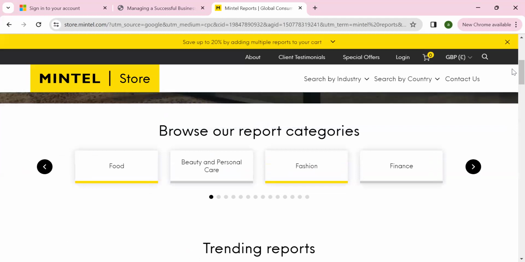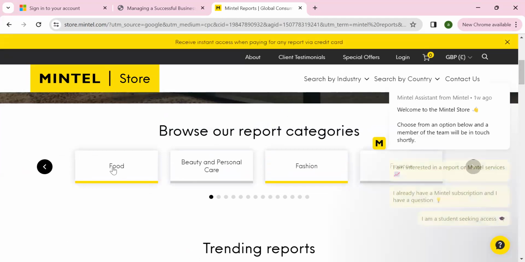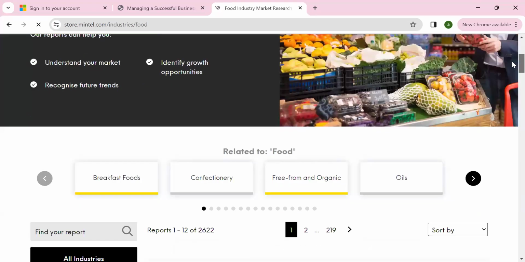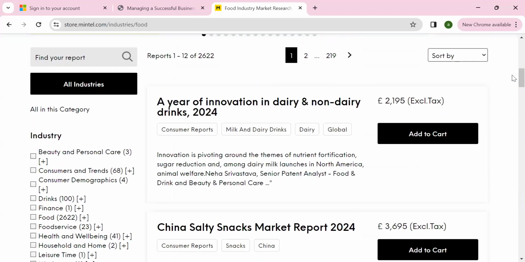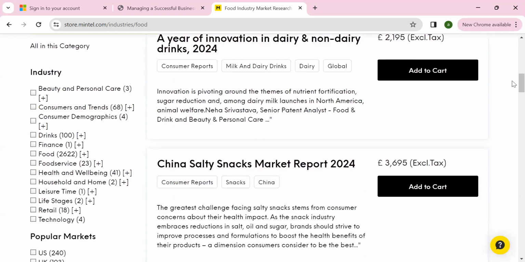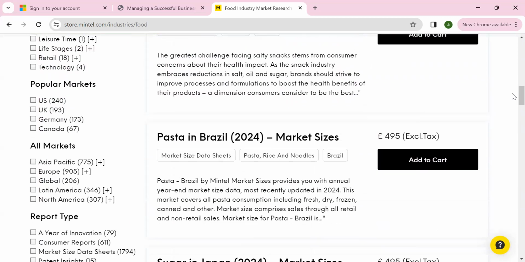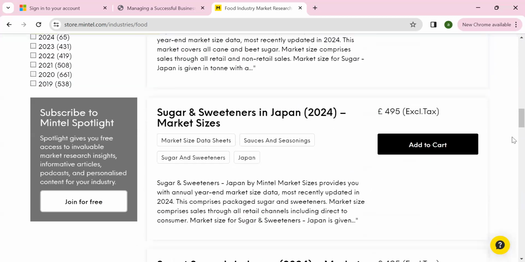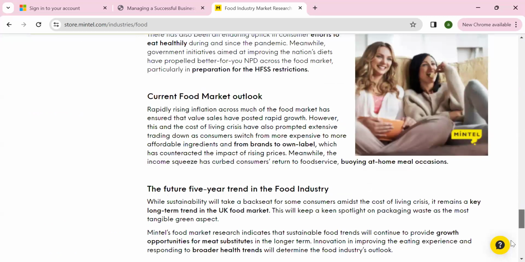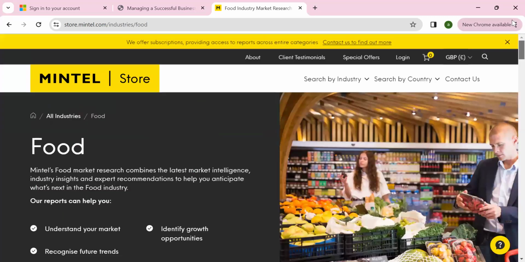If you want beauty, fashion, finance categories, or food, yes, we can find some information, innovation, clean nutrition, drink market, China salty snacks. These are some of the reports you can access through the library, called Mintel Reports. It's absolutely free, and I can download some.